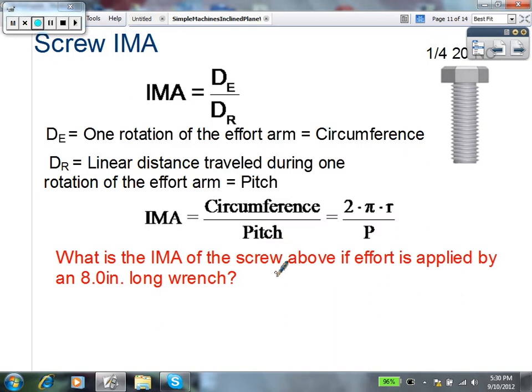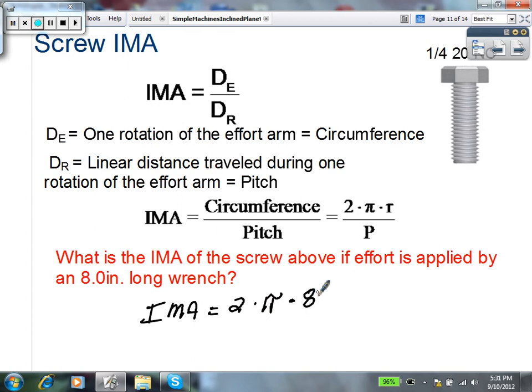So for this one right here, let's use the ideal mechanical advantage for the screw in this picture, applied by an 8-inch long wrench. Let's calculate what the ideal mechanical advantage is. The circumference the wrench travels is going to be 2 times pi times the wrench handle length, which is 8.